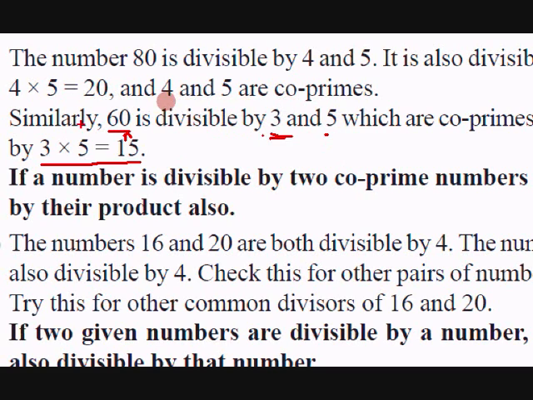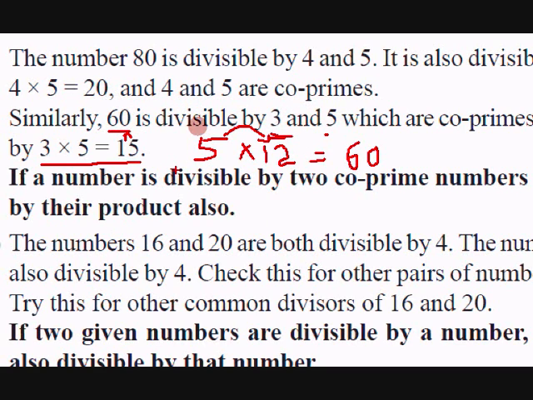For example, 5 twelves are 60. 5 and 12 are divisors of 60, and since 5 and 12 are co-prime, with nothing in common, multiply these two and we get 60, which is also a divisor of the number 60.